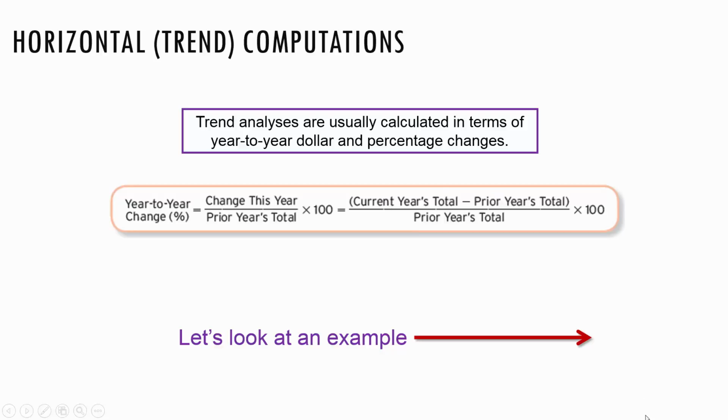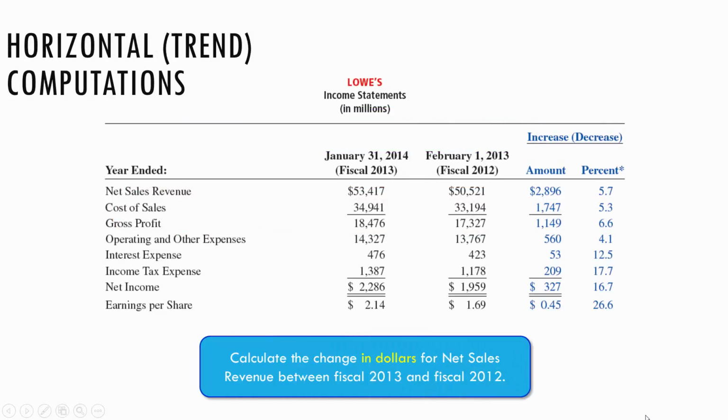So the denominator should be the earliest year. In this case, we're doing horizontal. You have a financial statement for 2 consecutive years. Horizontal is across. So our analysis is going to be the current year minus the previous year, divided by the earliest year, which gives us a percentage change.